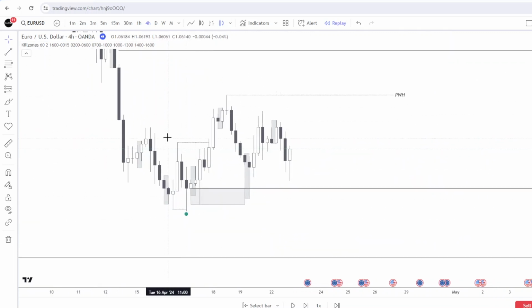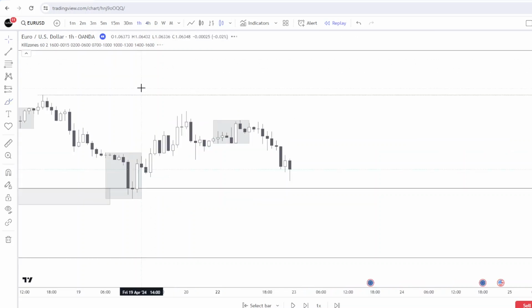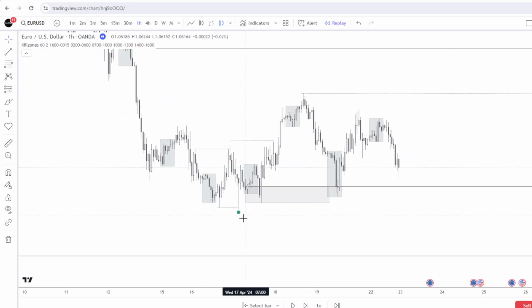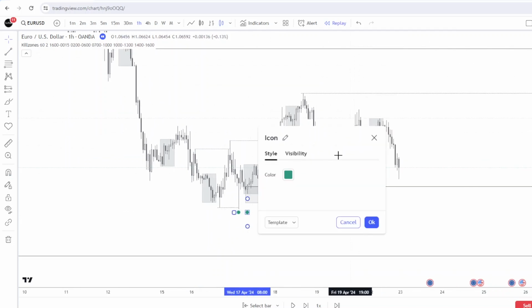So if price creates a QM, most likely this is a strong high on lower time frame on H1. If that's not a strong high on H1, this is most definitely a strong high on H1. So let's go to our H1. H1 is here, and for sure this is a strong high that has been broken. So if a strong high has been broken, we start our trend on H1 as a bullish trend.